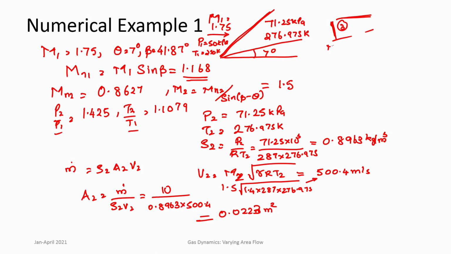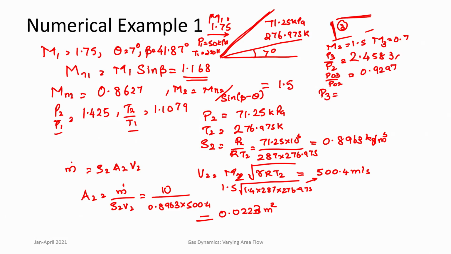So M2 is 1.5. So M3 is 0.7. P3 by P2 is 2.4583. Okay, and P03, this is also useful. P03 by P02 is 0.9297. So from here we get P3.